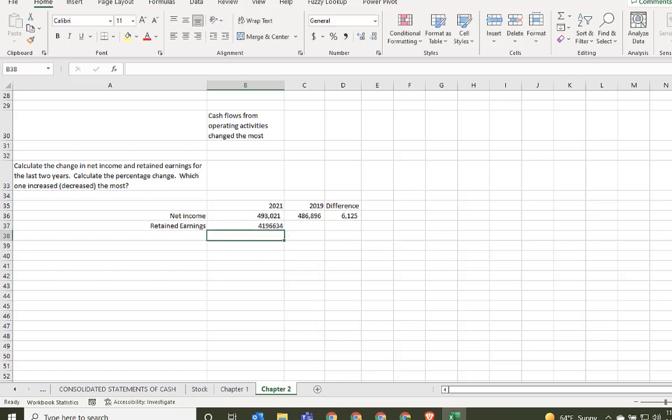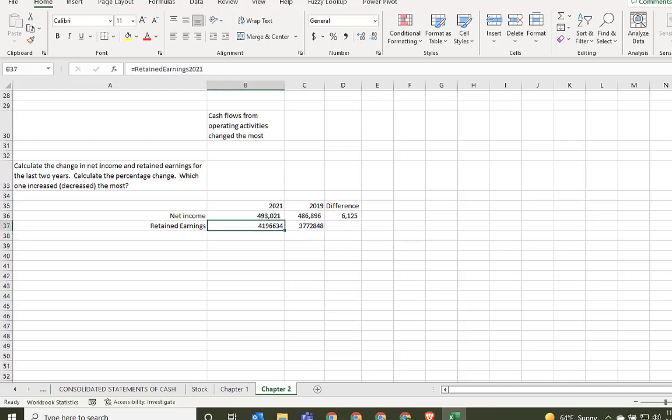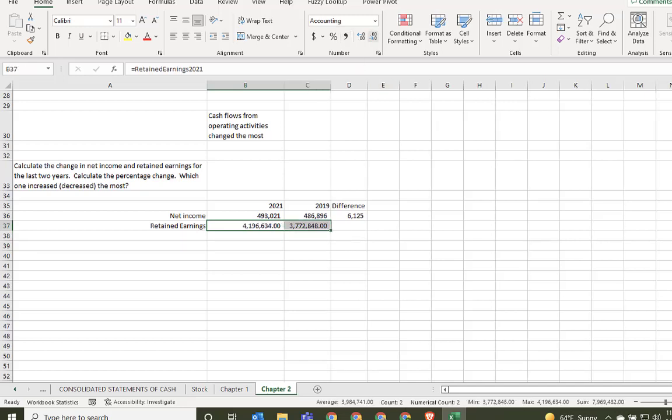Double click. And then I'm going to do equal retained earnings 2019. Now, these are not formatted because they're not formatted in the original cell that we just did. But that's okay. We can format them here. Again, we're going to do the comma, take away the cents.